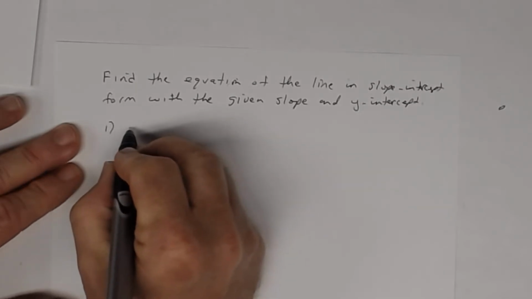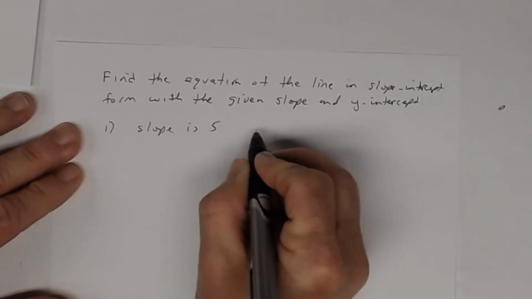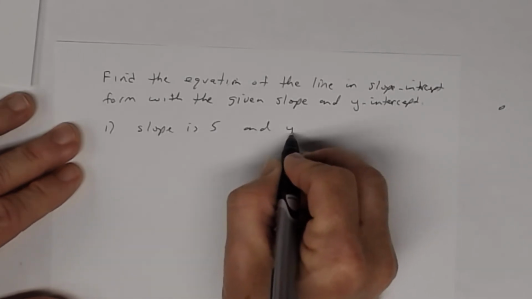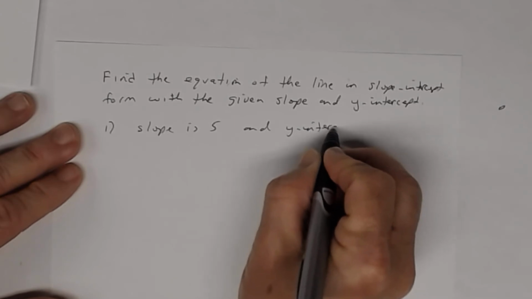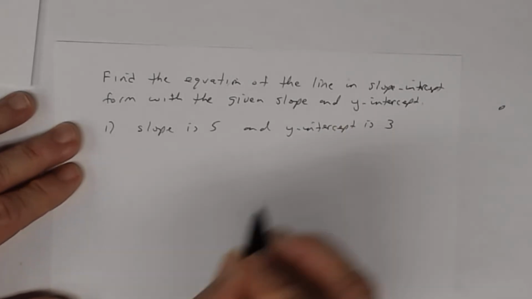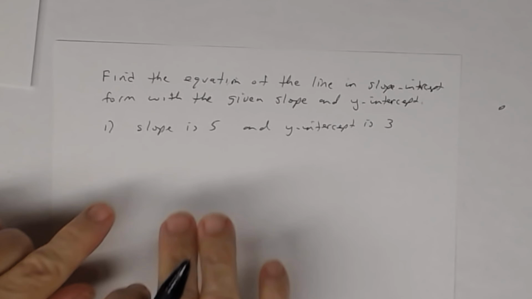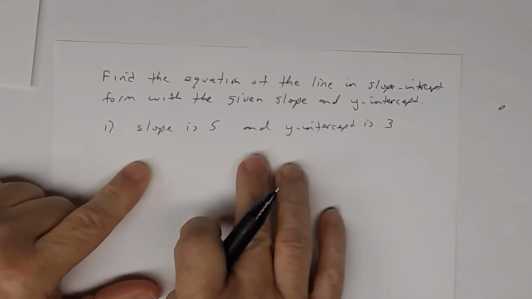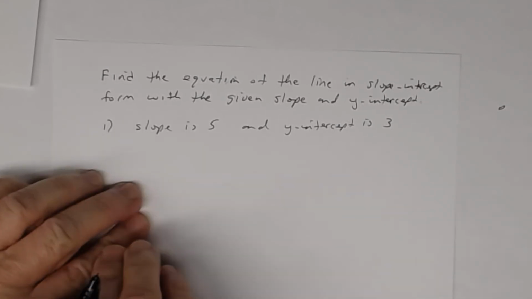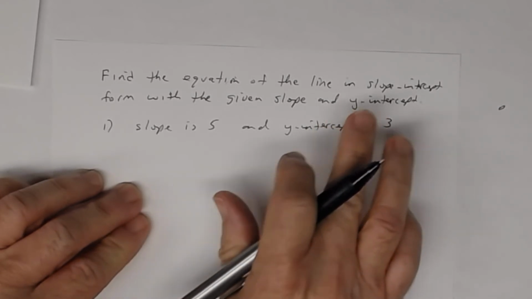Suppose that the slope is 5, and the y-intercept is 3. You want to write the equation of that line, an equation with x and y in it, in slope-intercept form.